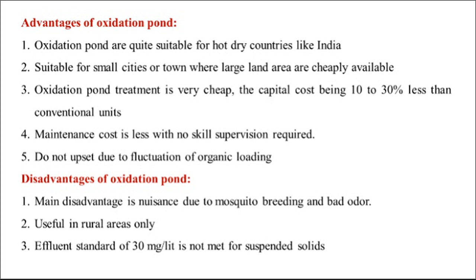And the last disadvantage is that the effluent standard of 30 mg per liter is not met for suspended solids. Means whatever standard is specified for treated effluent suspended solids concentration is not met by the oxidation pond. So these are the advantages and disadvantages of the pond.